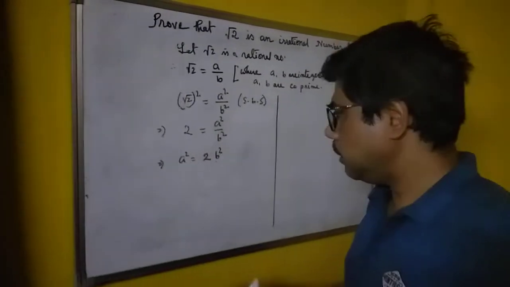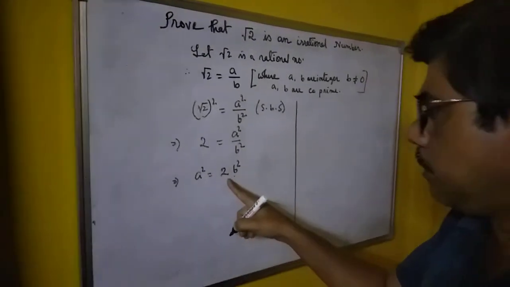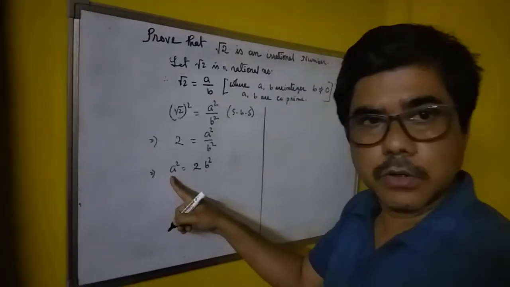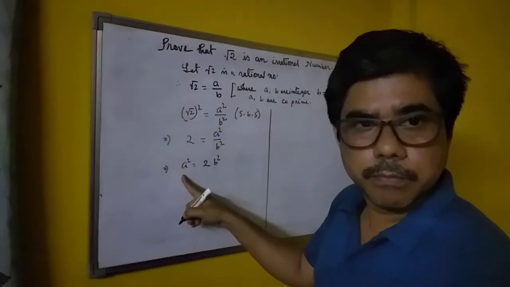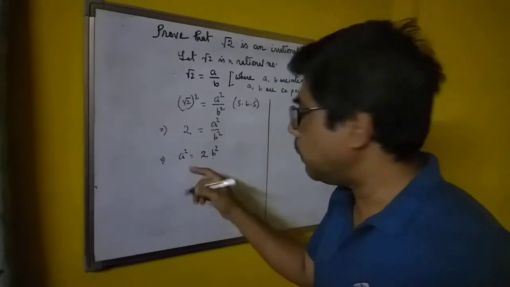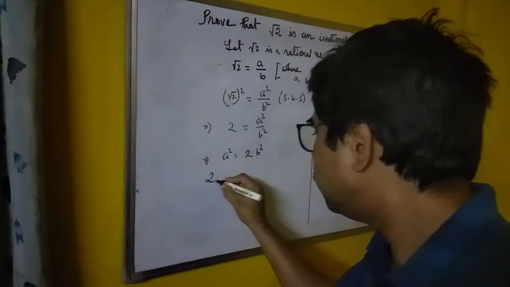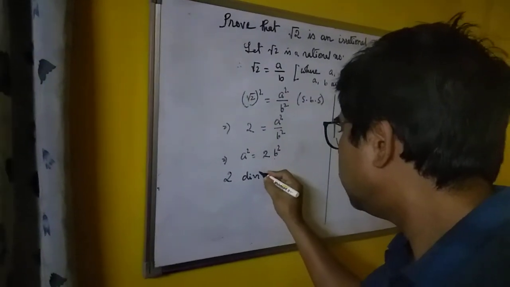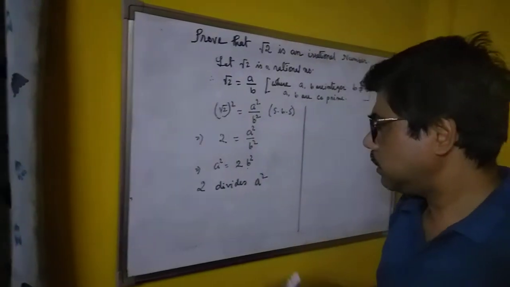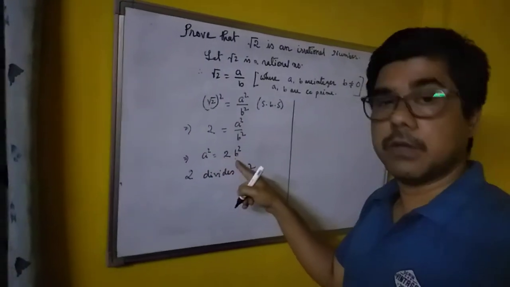That means a squared equals 2b squared. That means 2 is a factor of a squared, or 2 divides a squared. We write 2 divides a squared. A squared equals 2 into something.